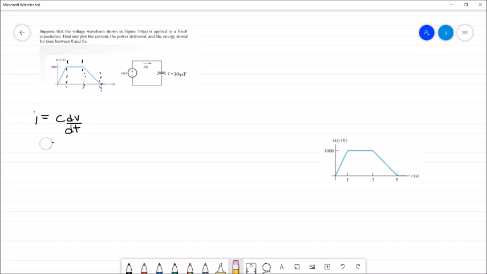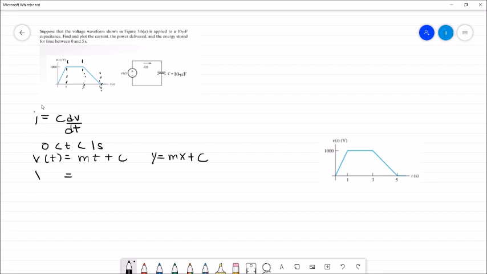For the first interval, from 0 to 1 second, it will be in the form of voltage equal to m t plus c, which is y equals mx plus c. It is a linear equation. So voltage here is 0.